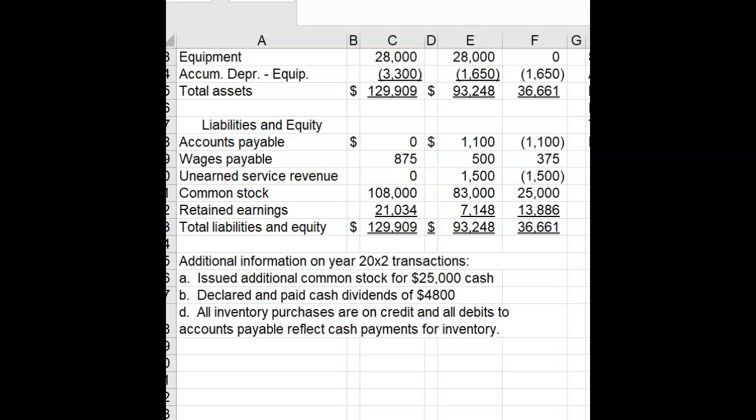Now when we look at the additional information, it says that the company paid cash dividends of $4,800. So we know that they used cash to pay those dividends. So this $4,800 should be shown as a decrease in cash flows in the financing activity section.